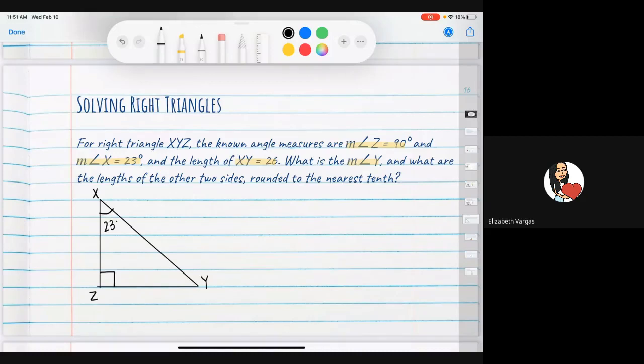The way I'll go about doing that is I know that the entirety of a triangle has to equal 180 degrees. So angle X plus angle Y plus angle Z has to equal 180. Angle X is equal to 23, we are looking for angle Y, and angle Z is equal to 90. 90 plus 23 is 113.